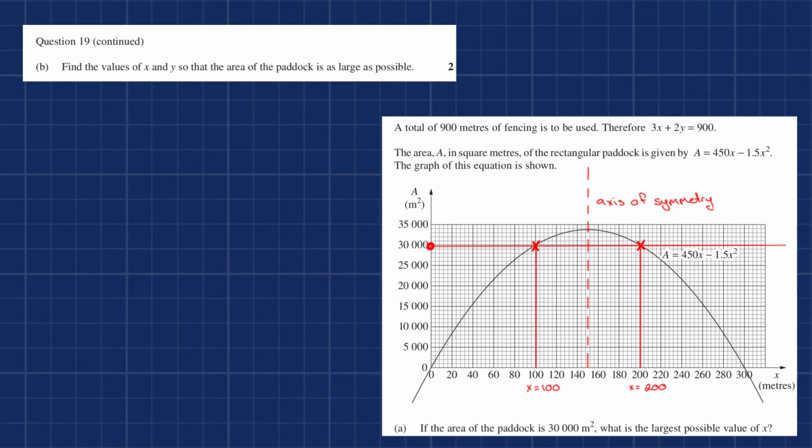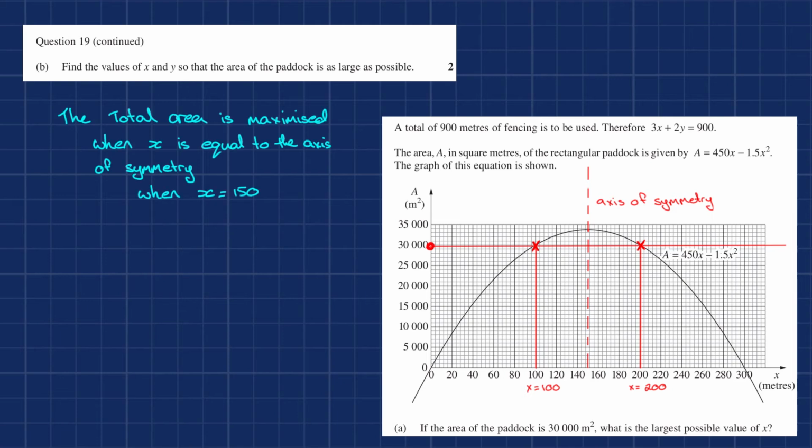Well, you can inspect the graph again, but we're given the values x equals 100 and x equals 200 for the 2 points, and the average of these 2 points, because they correspond to the same y value, gives us the axis of symmetry. So 100 plus 200 is 300, divided by 2 is 150, which gives us the axis of symmetry at x equals 150.